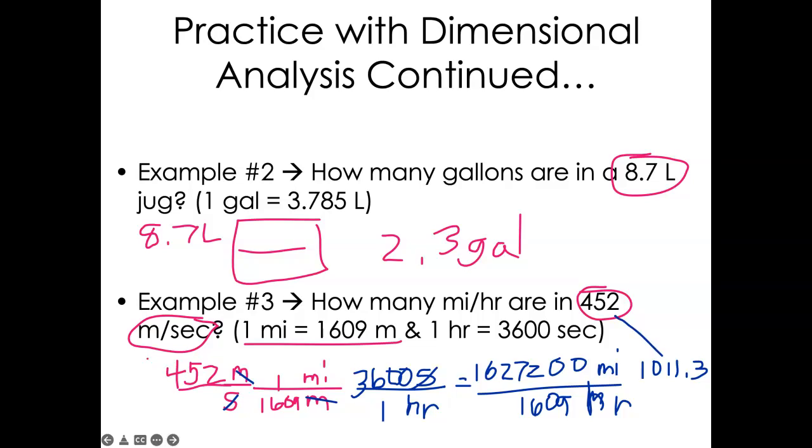But now I've got to take a look back at my problem, and I see I have 3 significant figures. So I'm going to have to round this to 1010, or I could put it in scientific notation. 1.01 times 10 to the third miles per hour.